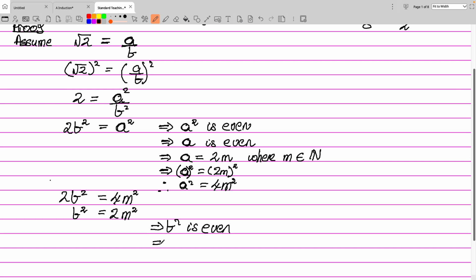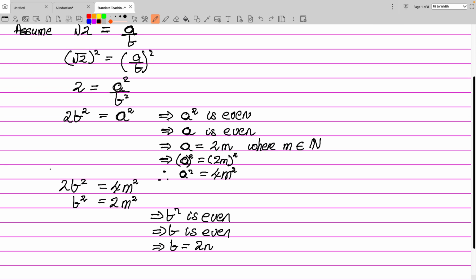It's even. If b is even, that implies that b can be put equal to something that's a multiple of 2, can it? Now, we've already used m earlier on, so this time, keeping in line with the alphabet, I'm going to say 2n. b is equal to 2n.